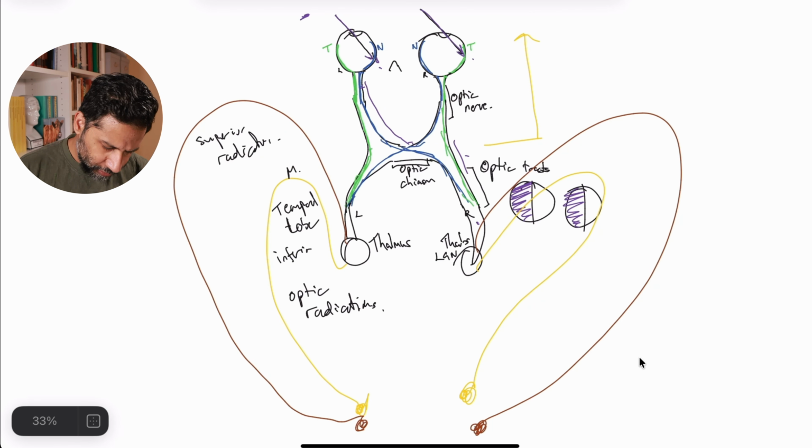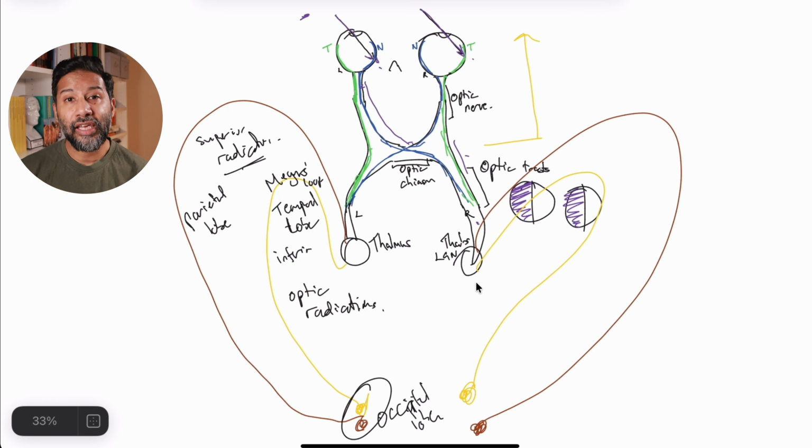Whereas the superior radiations go through the parietal lobe. They converge in the primary visual cortex in the occipital lobe, and this is where vision actually happens. Your eyes collect the light, the brain creates the image.